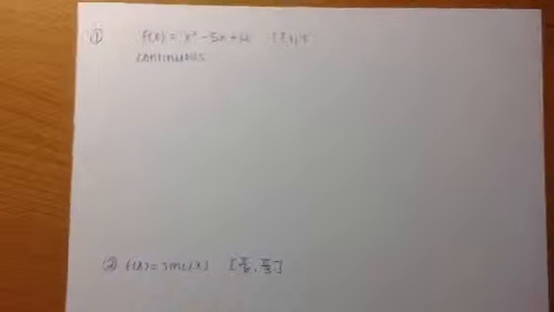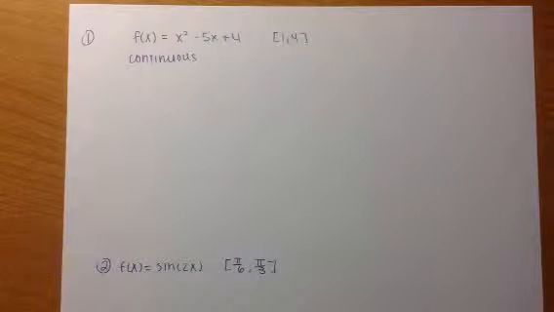Okay, so moving on to our example. The first one is f of x is equal to 2x squared minus 5x plus 4 on the closed interval of 1 to 4.